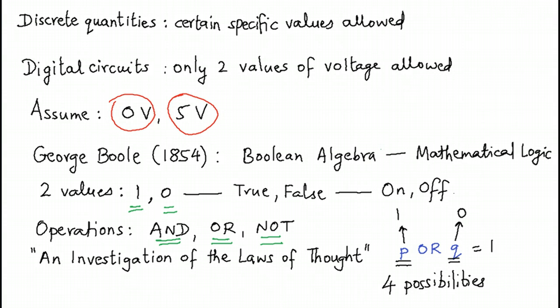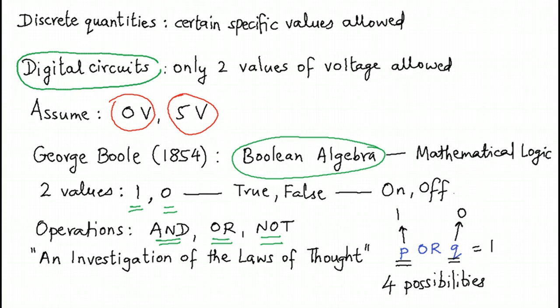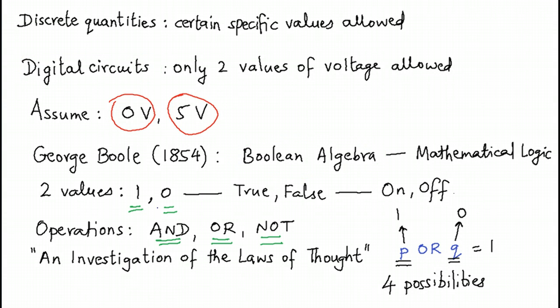Now we turn to the connection between Boolean algebra and digital circuits. Remember, in Boolean algebra, there are only two possible values for variables, namely 1 and 0. And likewise, in digital circuits, the voltages involved could have only one of two possible values.